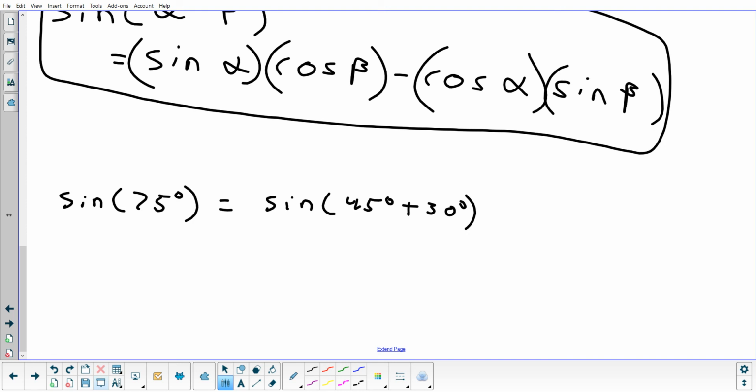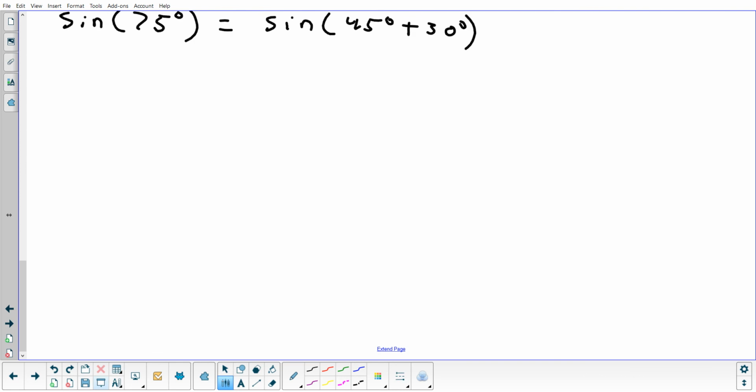Okay, so those are our sines and cosines. What if I asked you to do tangent of 75? What could you technically do? You have enough information to figure this out with what I've taught you so far. Could we do the sine sum formula divided by the cosine sum formula? Yes.